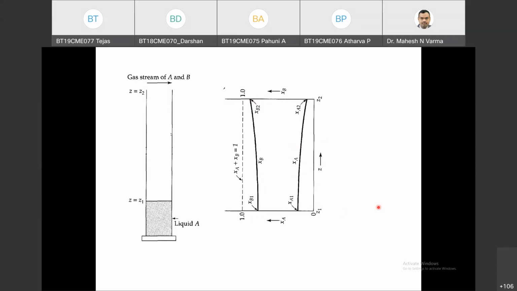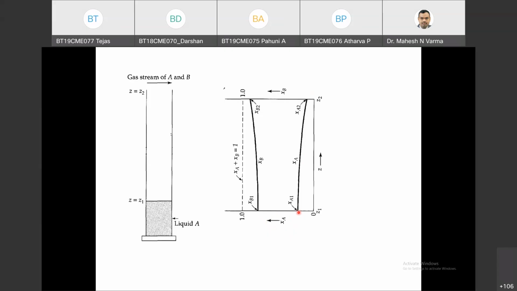So this is how the concentration of A will change. This is XA and this is XB. So don't use this scale for XA. So XA is, say, 80% here, and here it will be 90%. This is the scale for XA.